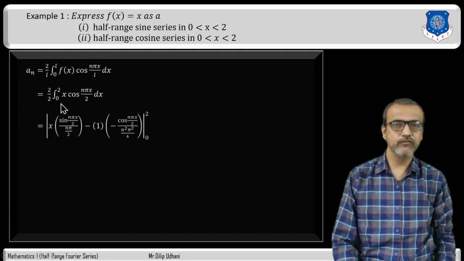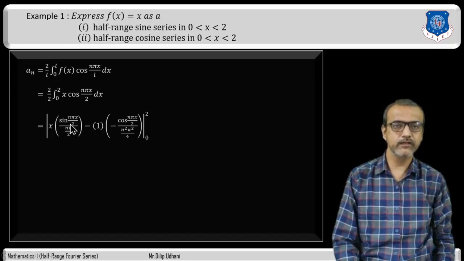Now we will apply the Bernoulli formula, x will be as it is, the derivative of x is 1. Now integration of cos n pi x by 2. Integration of cos x is sin x, so integration of cos n pi x by 2 is sin n pi x by 2 divided by n pi by 2, because the multiplier of x is n pi by 2.